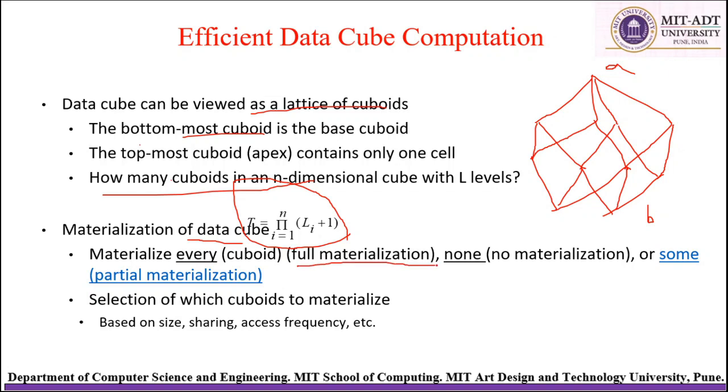If you are materializing every cuboid, we have full materialization, or we may have some partial materialization, or we may have no materialization. So we can select which cuboids are to be materialized, or we may not want the materialization. That can be decided based on the size, sharing and the access frequency of the data.